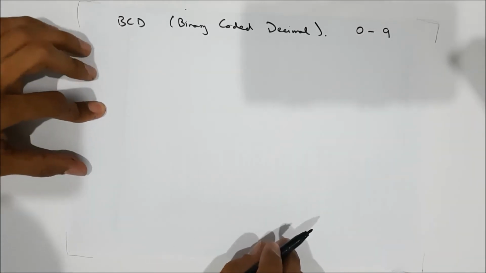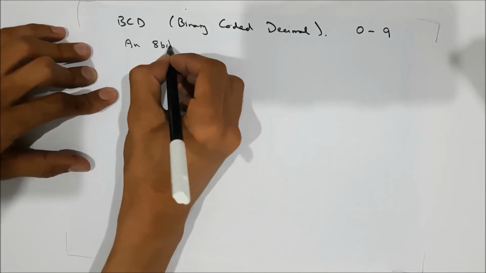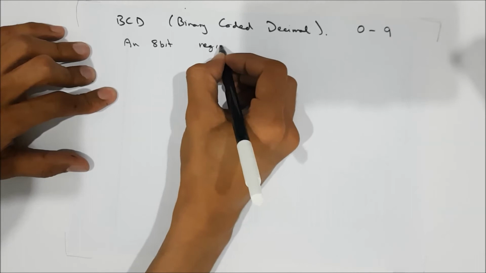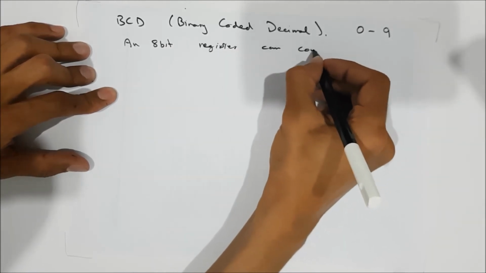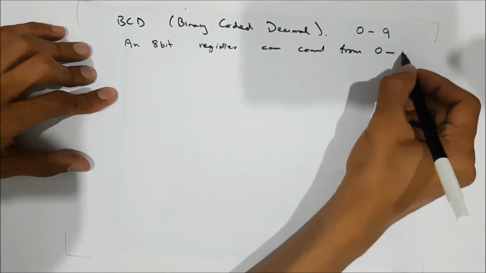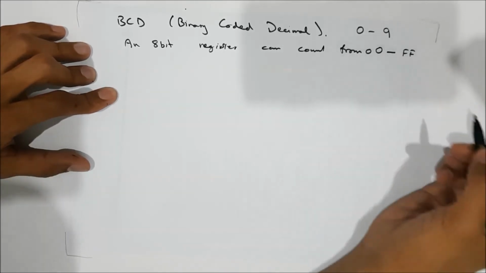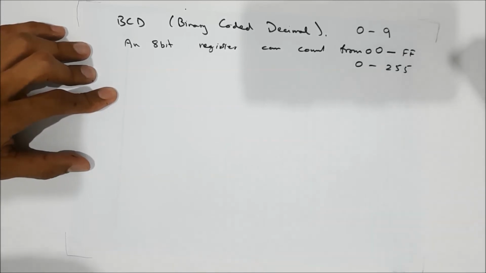But in this case, we know that an 8-bit register can count from 00 to FF, that is 0 to 255.